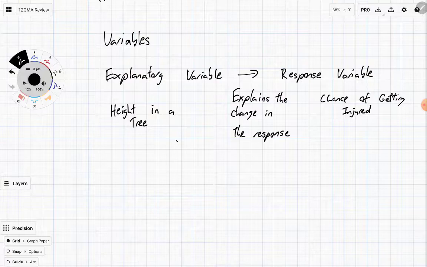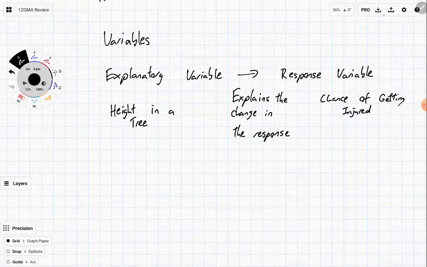As you go higher up in a tree, your chances of getting injured are also going to increase, to a point, but they are going to increase. If you climb 10 meters into a tree and fall out, well, your chance of getting injured is going to go up as well. So this is a directly causal thing. The explanatory variable affects the response variable.